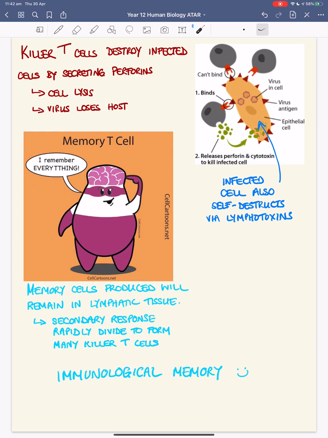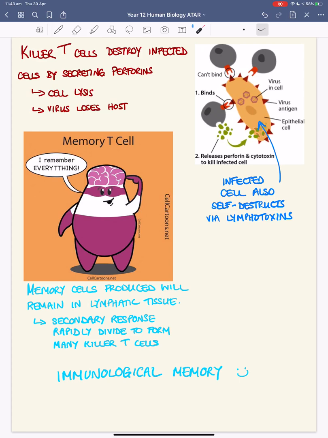In addition to the killer T cells destroying the cell, the infected human cell itself will employ a self-destruct mechanism by secreting lymphotoxins. These are another group of chemicals that the infected cell secretes to destroy itself to ensure that the virus doesn't spread.